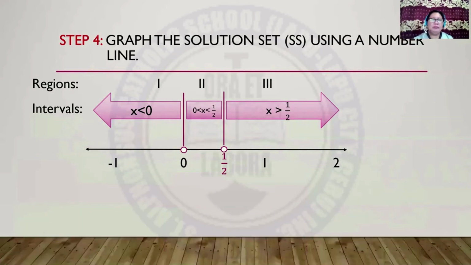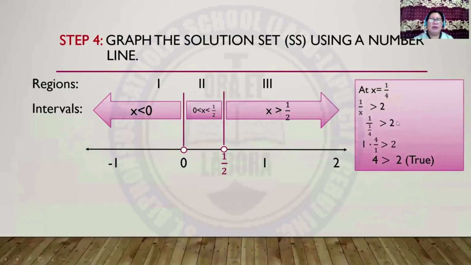So, at x is equal to 1/4, we have a true statement. Therefore, this region here, all the values between 0 and 1/2 will give us true statements. And here, all the values less than 0 will give us false statements.